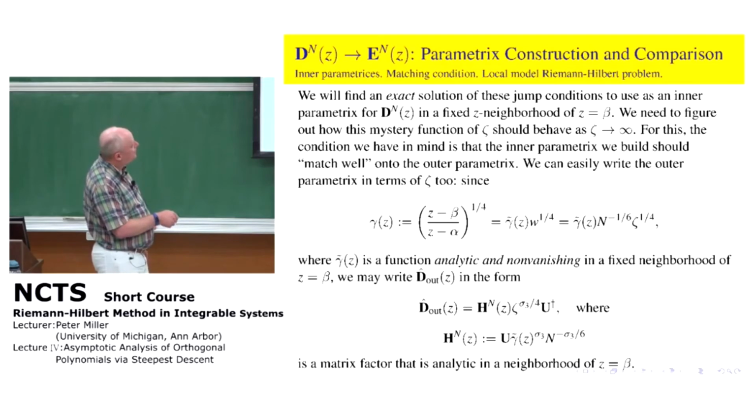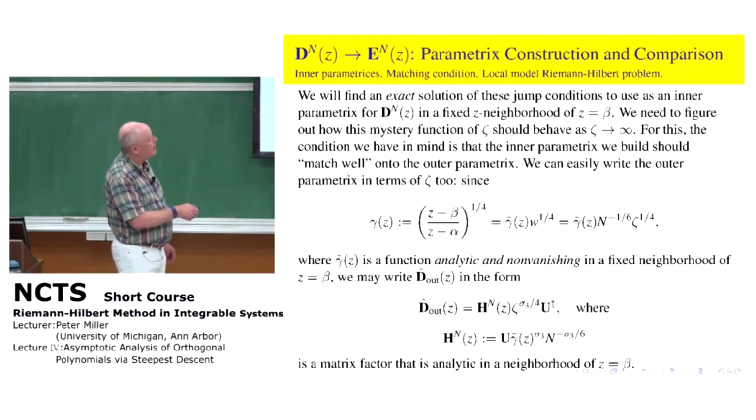Basically I'm factoring out this part, which is harmless, a non-zero analytic function close to beta. What's left over I can write in terms of this conformal mapping. It has to vanish in the conformal variable like a 1/4 power, because I have z minus beta to the quarter, so it ought to be a w to the 1/4. Everything else I will just call gamma tilde of z.